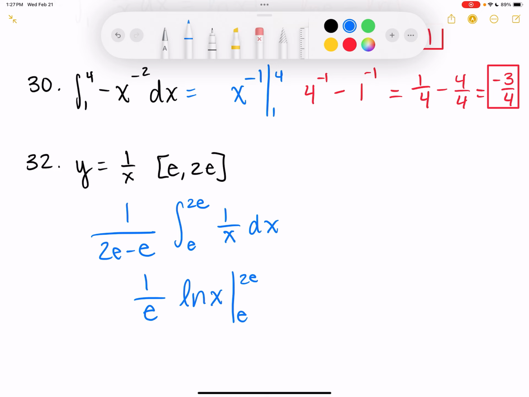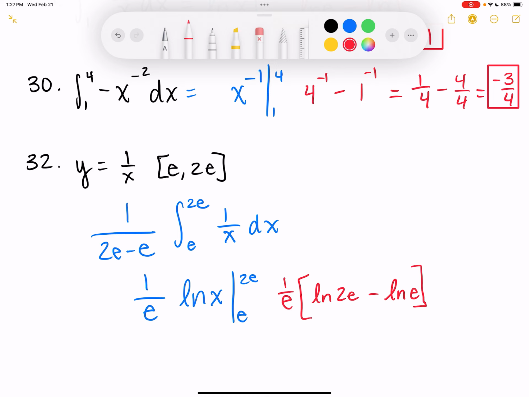Now, this is a constant out here, so I can do 1 over e, and then in brackets, ln of 2e minus the ln of e, and multiply by everything at the end. Now's the time to see if you remember rules of logs. What happens when I subtract two logs?